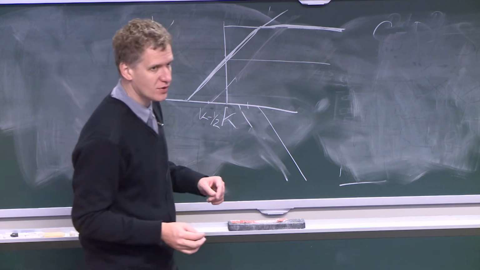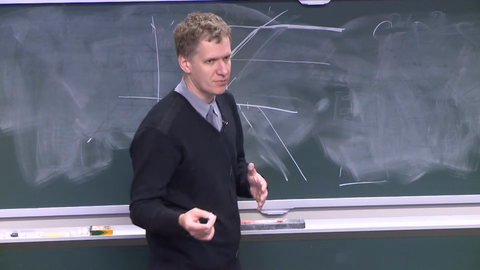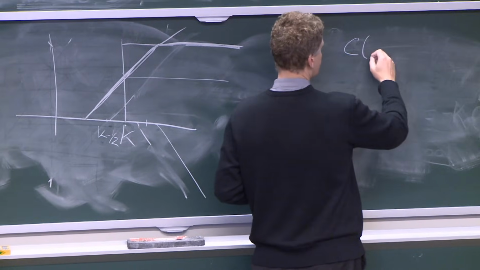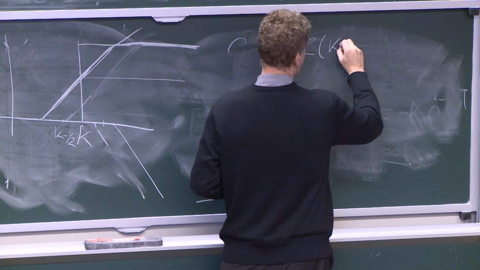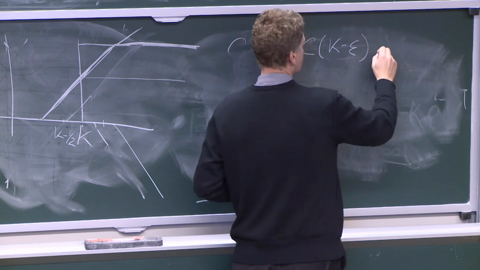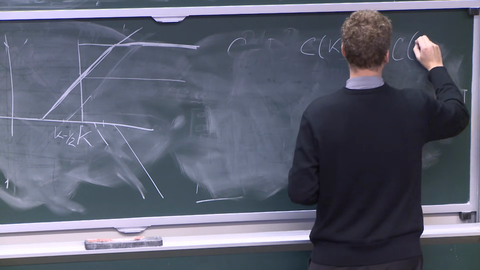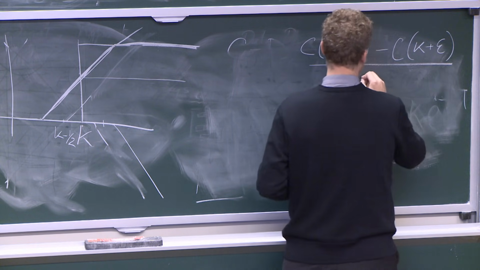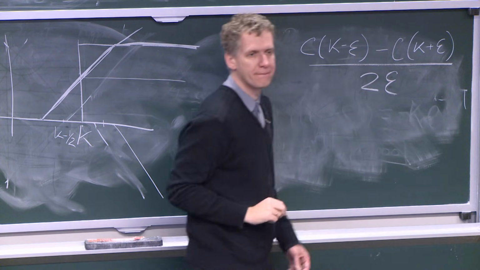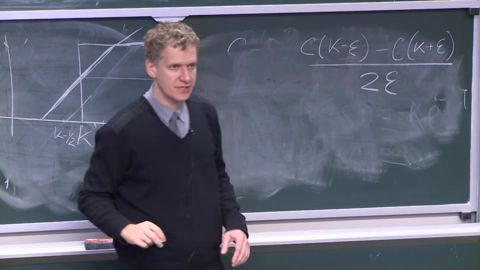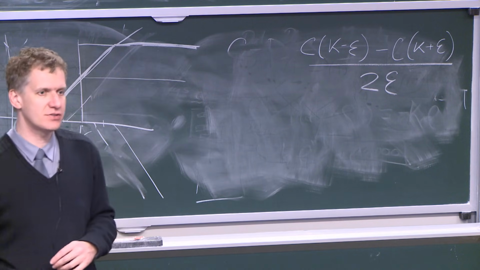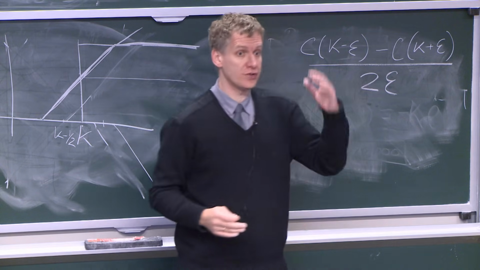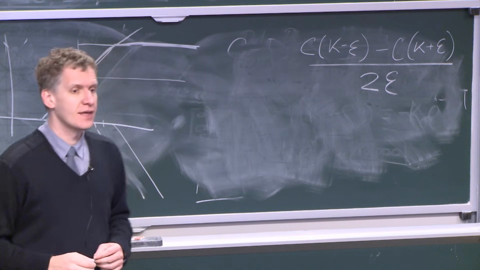Well, we might as well go K minus epsilon and K plus epsilon. So it will be call price at strike K minus epsilon minus call price at K plus epsilon, divided by 2 epsilon, right? This 2 epsilon coefficient is needed to rescale it back to 1, right? So in fact, if we go small epsilon, we need a lot of both, right?